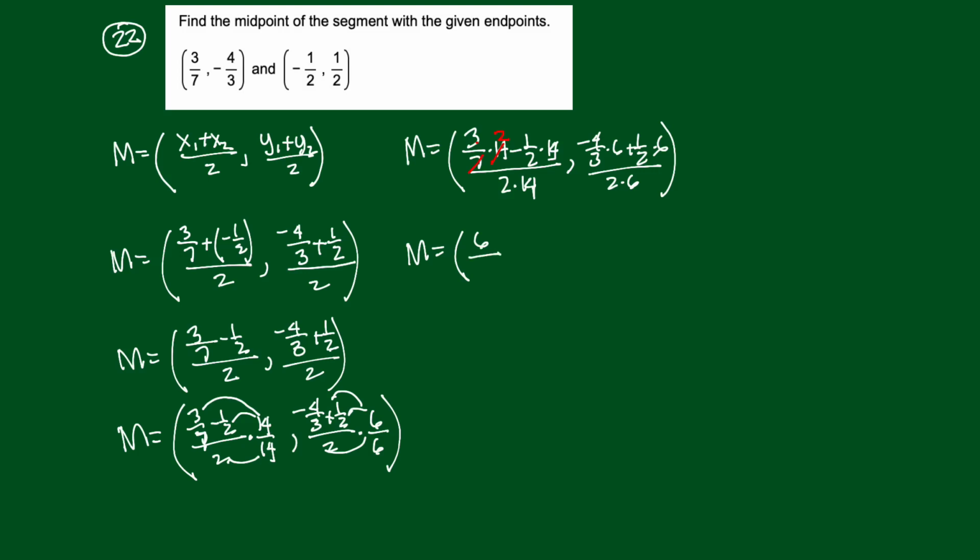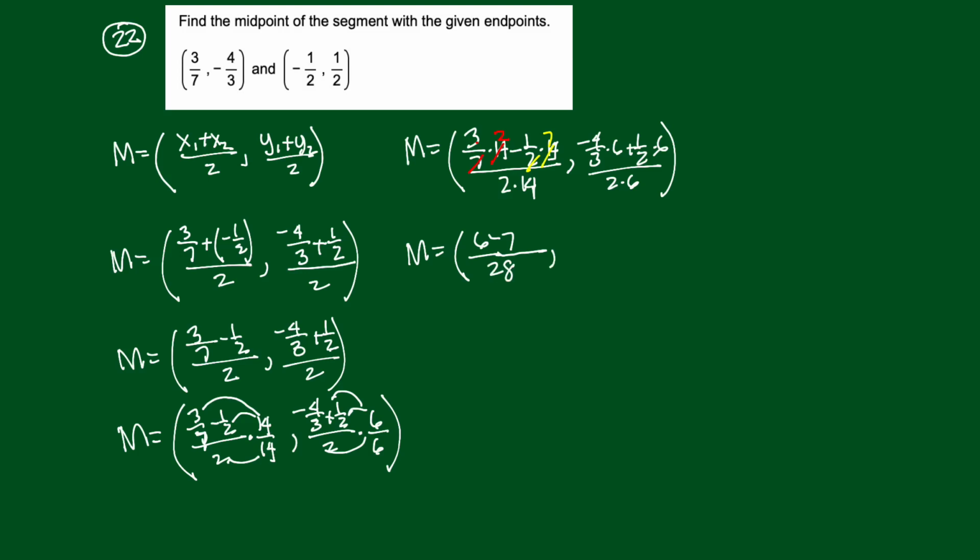So now I get 6 over, well, I'm not done here. So I get 6, and then what? This one over here. 2 will go into 14 7 times. So I get 1 times 7, which is 7. So it's 6 minus 7 all over 28, right? 2 times 14.